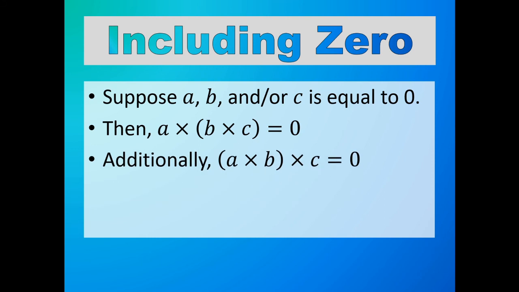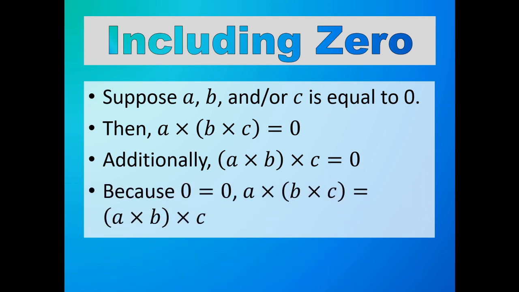Additionally, parentheses A times B and that times C also is equal to 0. Because 0 is equal to 0, therefore A times parentheses B times C is equal to parentheses A times B and that times C.